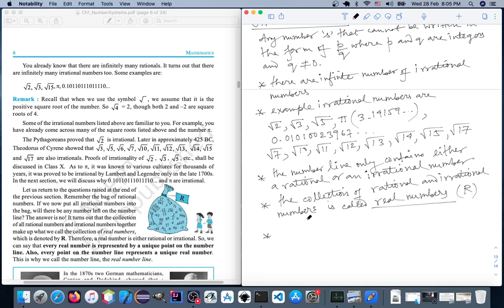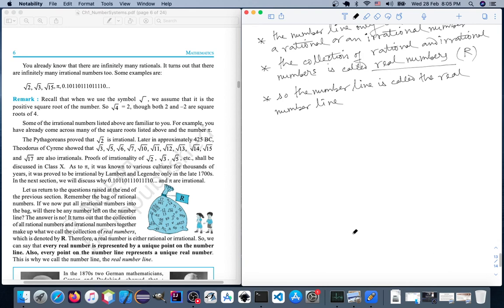So this number line is called the real number line. Why real number line? Because this number line only contains real numbers. What is a real number? A real number is either a rational number or an irrational number.